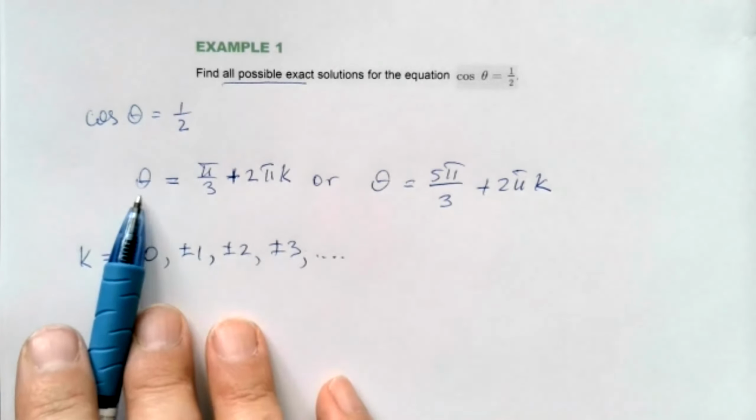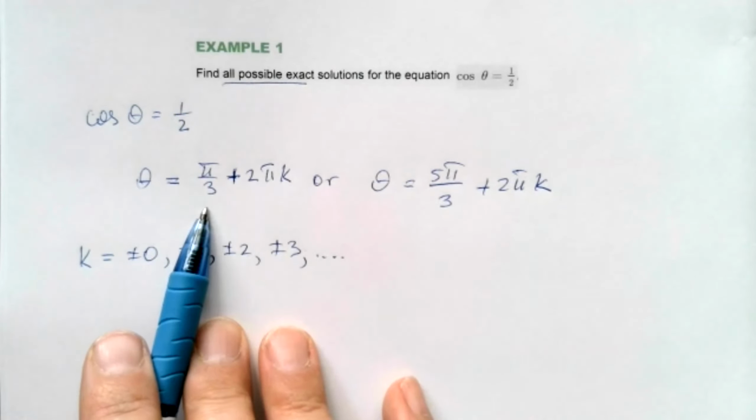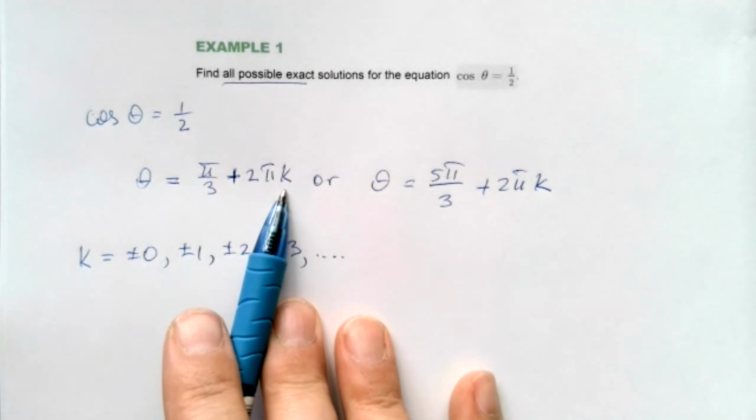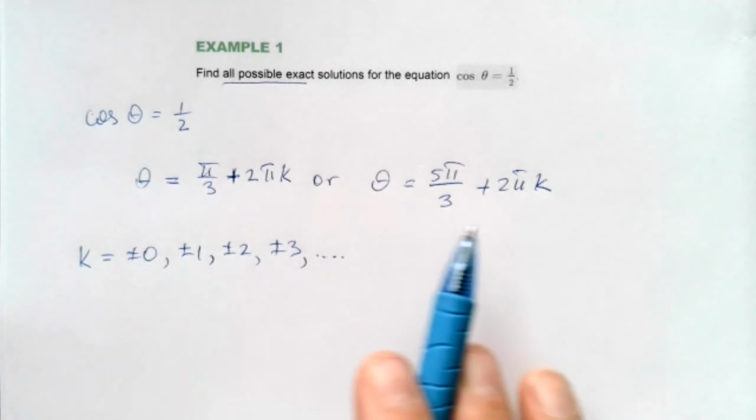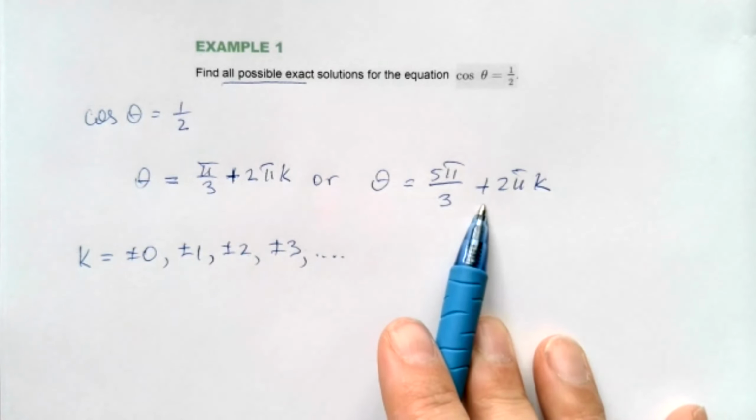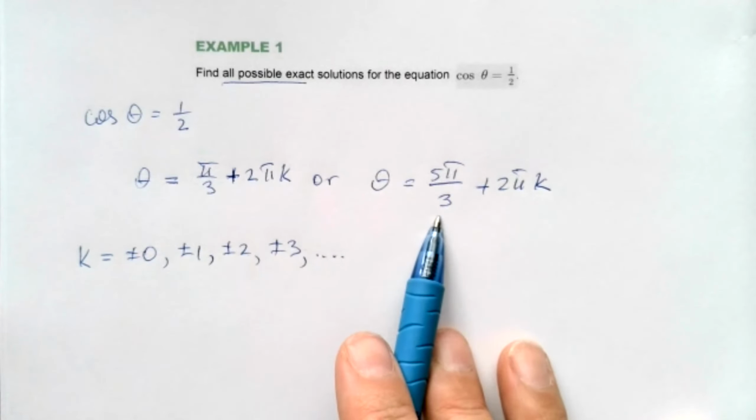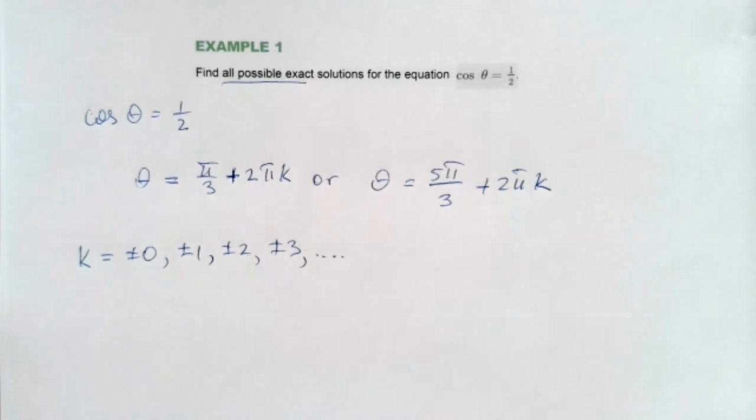Theta is either pi/3 plus 2 pi k, plus circles around, or 5 pi/3 plus 2 pi k. So that's how you would do example 1. Now, I want you to go ahead and try it by yourself.